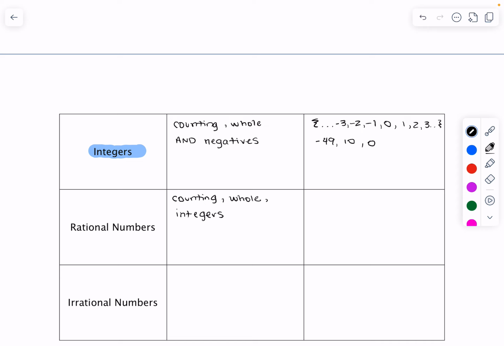And it's going to include fractions now. And this is really important. It's going to include decimals, but a very specific type of decimals. Decimals that stop or repeat.